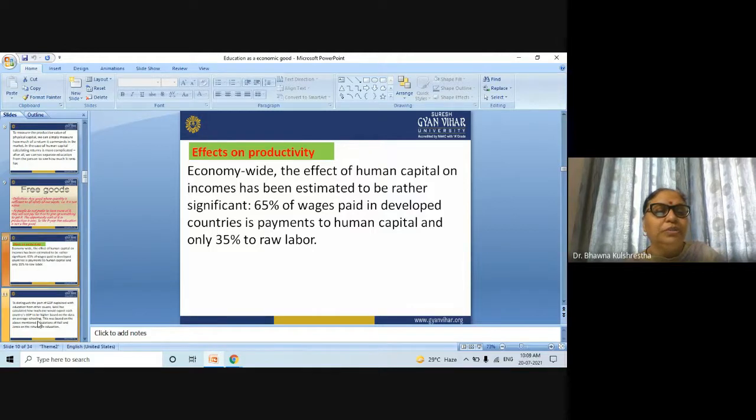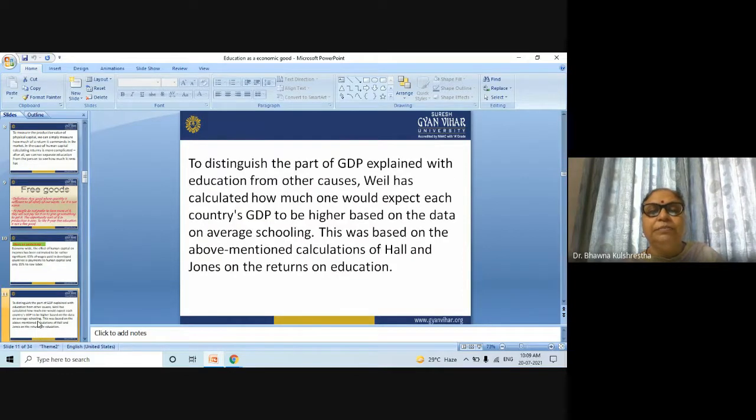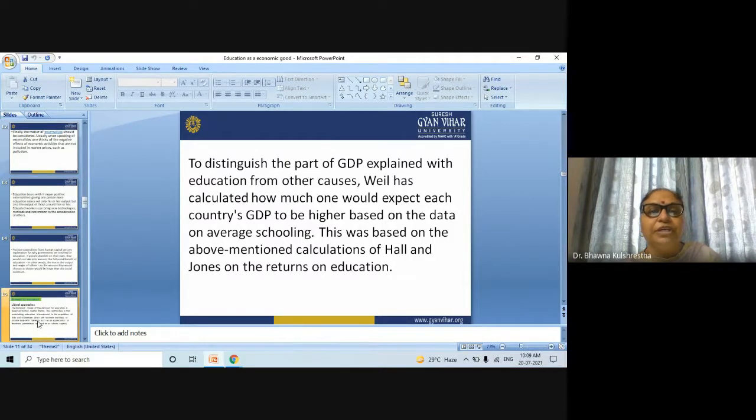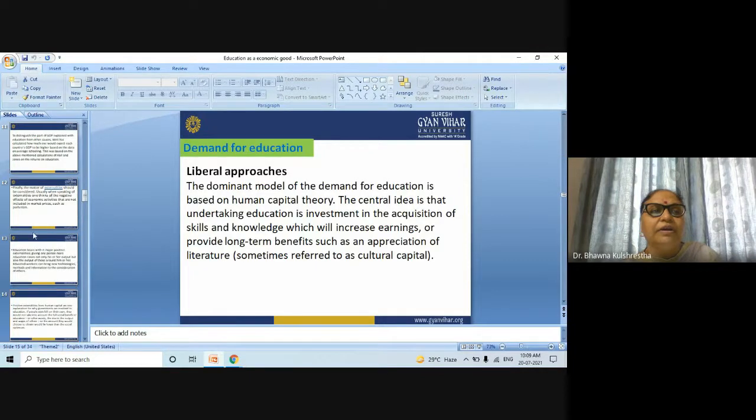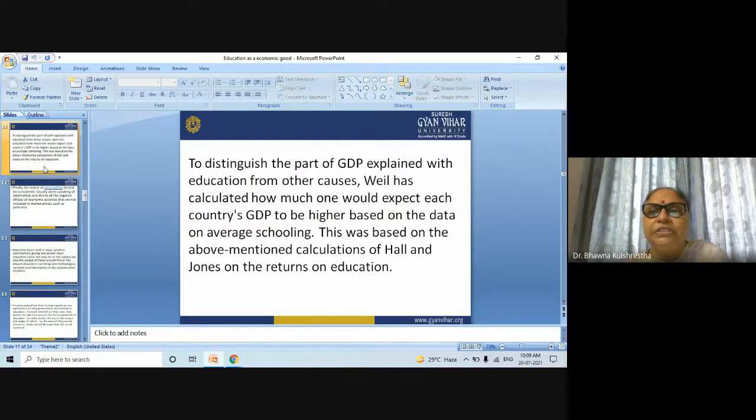And to distinguish the part of GDP explained with education from other causes, Weil has calculated how much one would expect each country's GDP to be higher based on the data on average schooling.